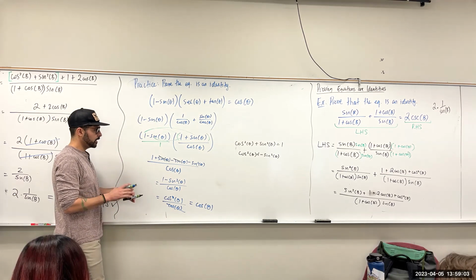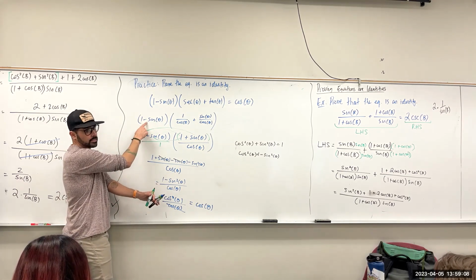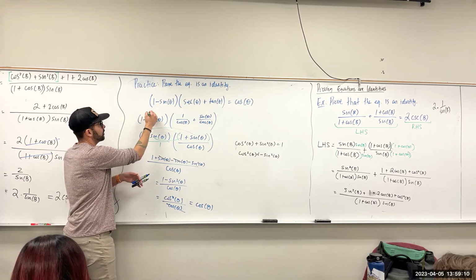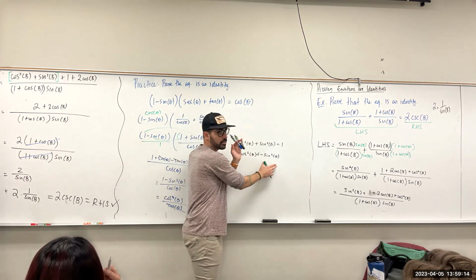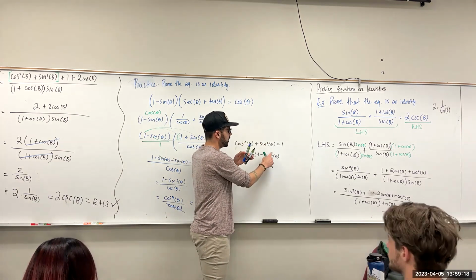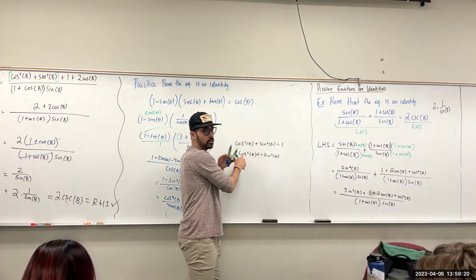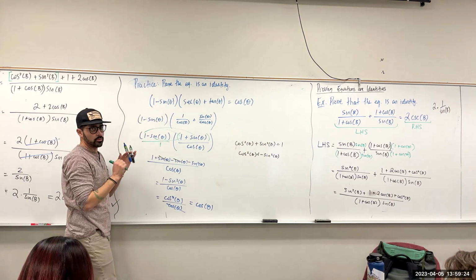Another little mistake I saw was writing this as cosine theta. I think you guys were thinking in that kind of realm, but you can't, these are squared. If the sine's not squared here, then you can't use it.